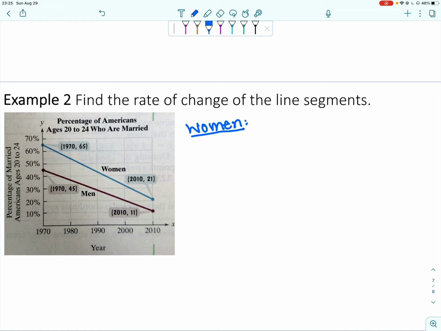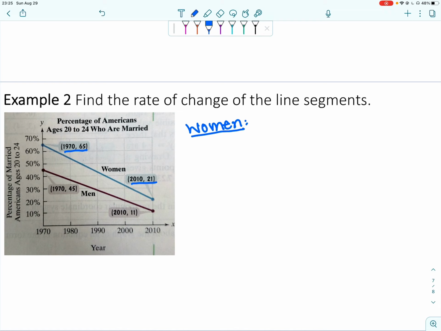And this graph was nice enough to give us 2 points that we could look at. If it doesn't give you 2 points like this one did, with the 1970, the 65, and the 2010 and the 21, hopefully there'll be 2 easy points that you can pick out, or you can do your best to find 2 that are easy to read.